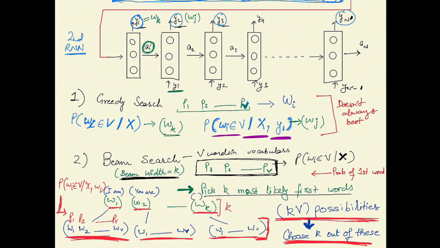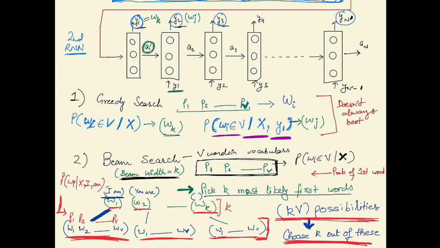And now for the third word, we will again consider the joint probability: let's say the first two words are there, what is the probability of the third word. So this expression would change into the probability of word wi given x, I and m. So given these words were obtained previously, what is the probability of wi?